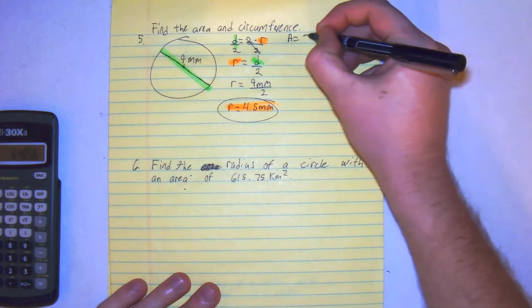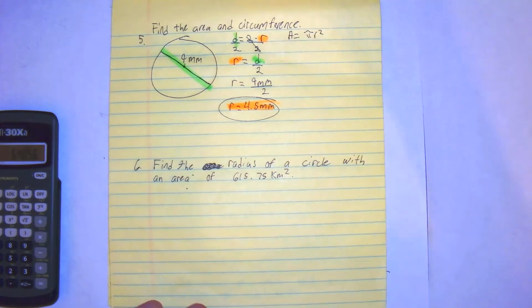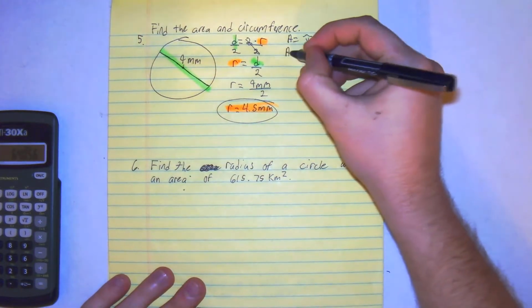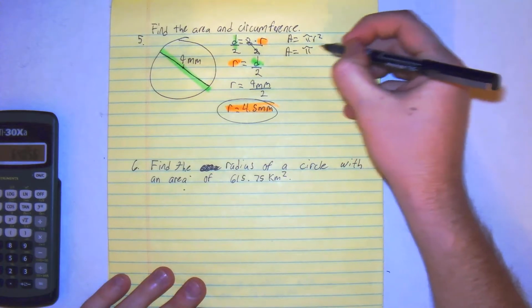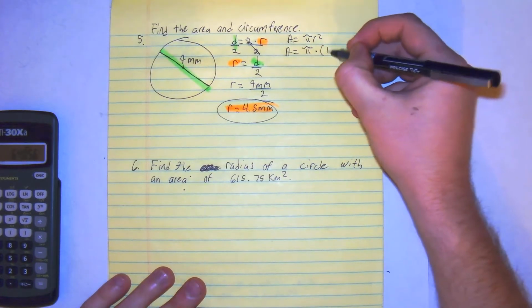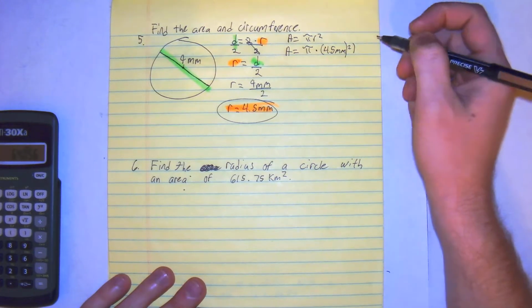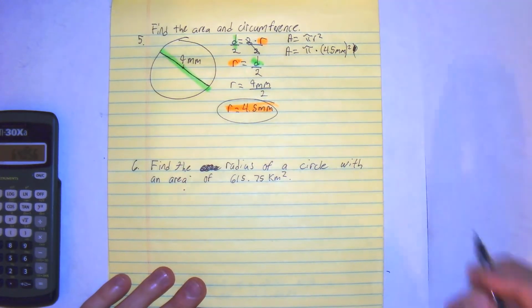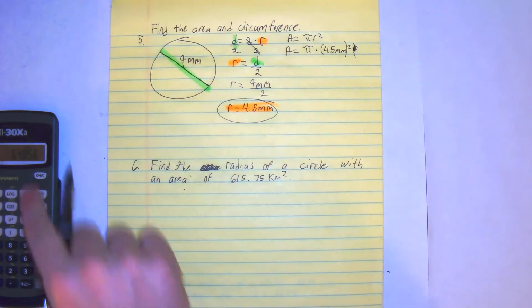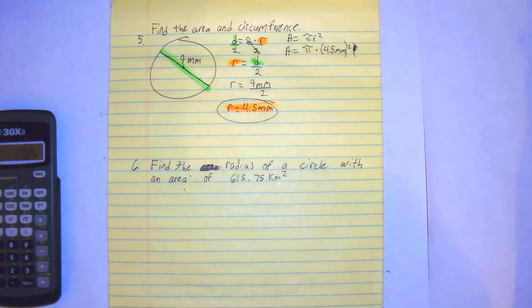What we know first is that area of a circle is equal to pi r squared. So now we have area is equal to pi times 4.5 millimeters squared. From here, 4.5 squared.